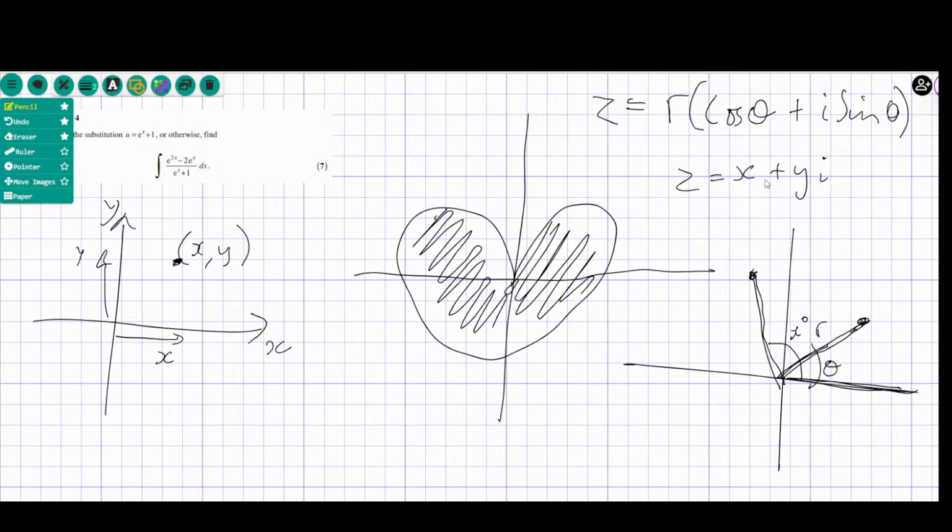Now you know that this is some measure of x plus a multiple of the imaginary plane, which can be rewritten in modulus argument form, which seems pretty similar, but I'm talking about something quite fundamentally different in terms of how I get to a certain point.